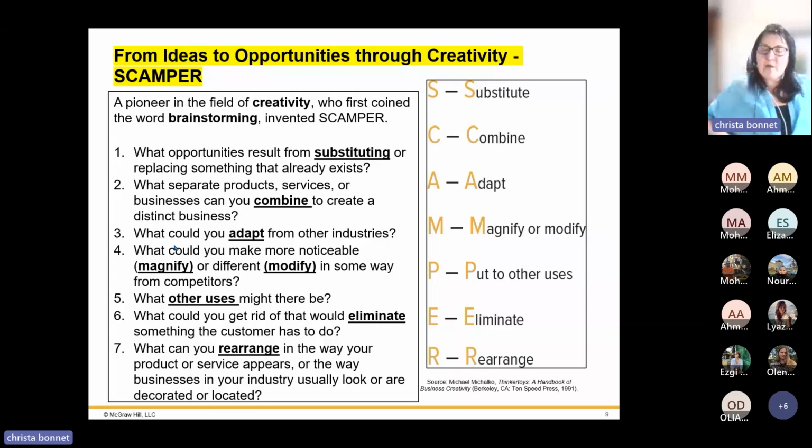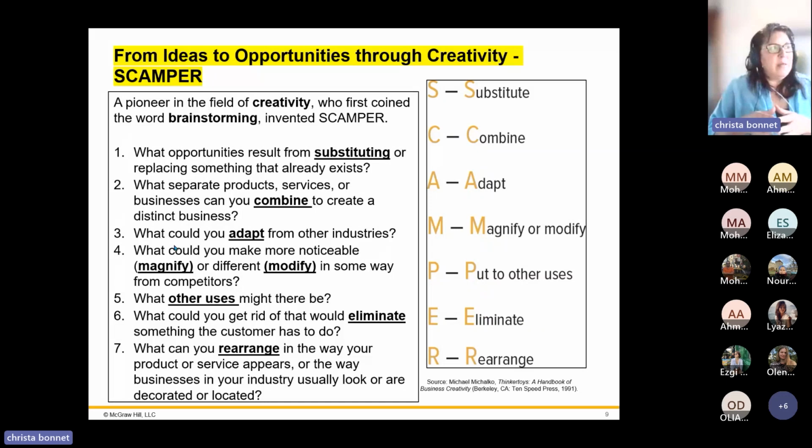Okay, I'm going to open it for more questions once we are finished with the SCAMPER. Then number 4 under the M of SCAMPER is magnify or modify, which is: what can you make more noticeable? That means magnify, or modify in some way from your competitors.